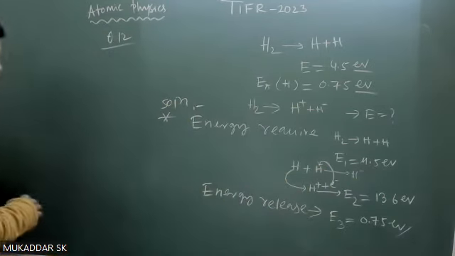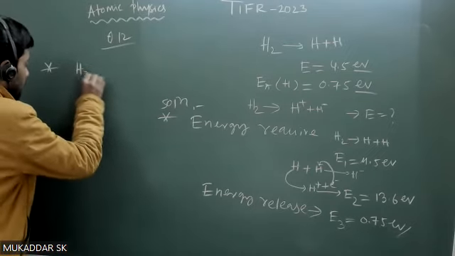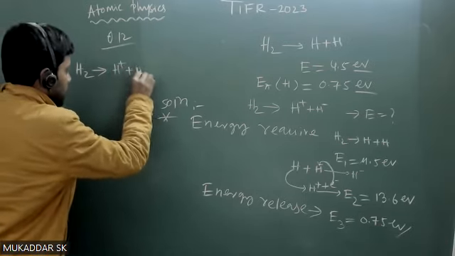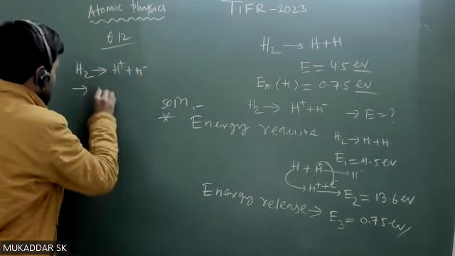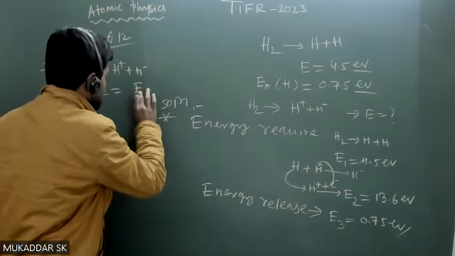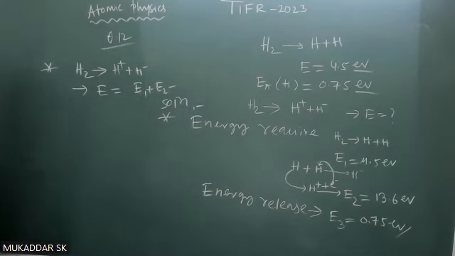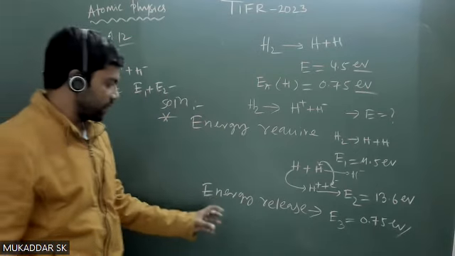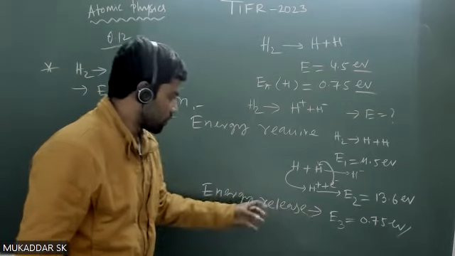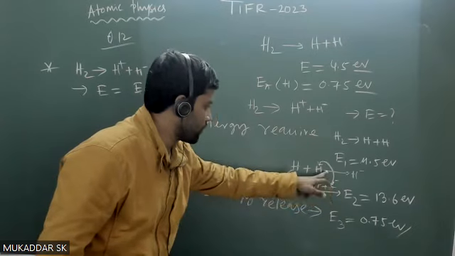So the net energy required to make a hydrogen molecule into H plus and H minus: E1 plus E2 you have to give from an external source, but you will get some energy back in the form of heat or other form because of adding the electron to this atom.